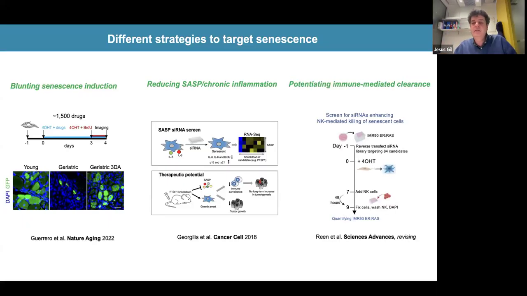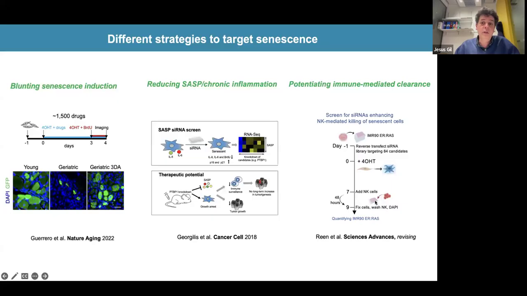And another way that we can try to target senescence, which we are at the moment reviewing for publication, and hopefully we can talk about this in more detail soon, is to try to potentiate the immune-mediated elimination of senescent cells. And what we did in this case is look for ways in which we can enhance the natural killer cell elimination of senescent cells.